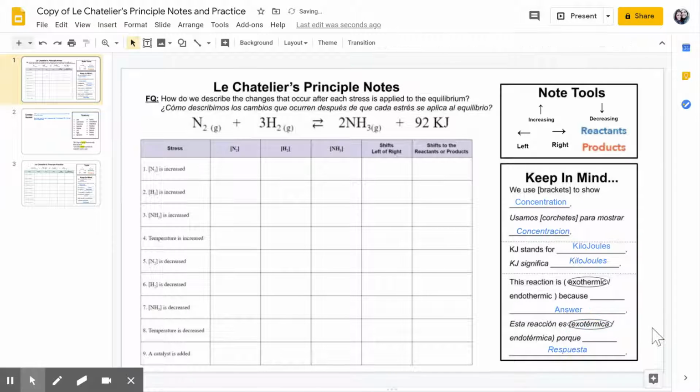Exothermic. Now, how do we know that this is exothermic? Again, we see that the energy, the 92 kilojoules, is here on the product side.